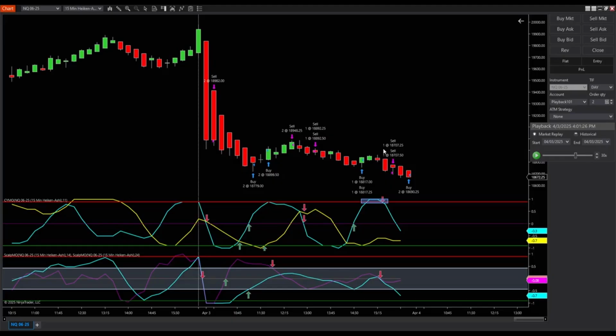So, look, most traders, guys, are glued to lower time frames. They're panicking over every tick, but sometimes the real clarity comes from stepping back. And with tools like CYMO and ScalpMO, you're not guessing. You're working off of clean signals, if you notice right here, okay, that reflect the rhythm of the market.